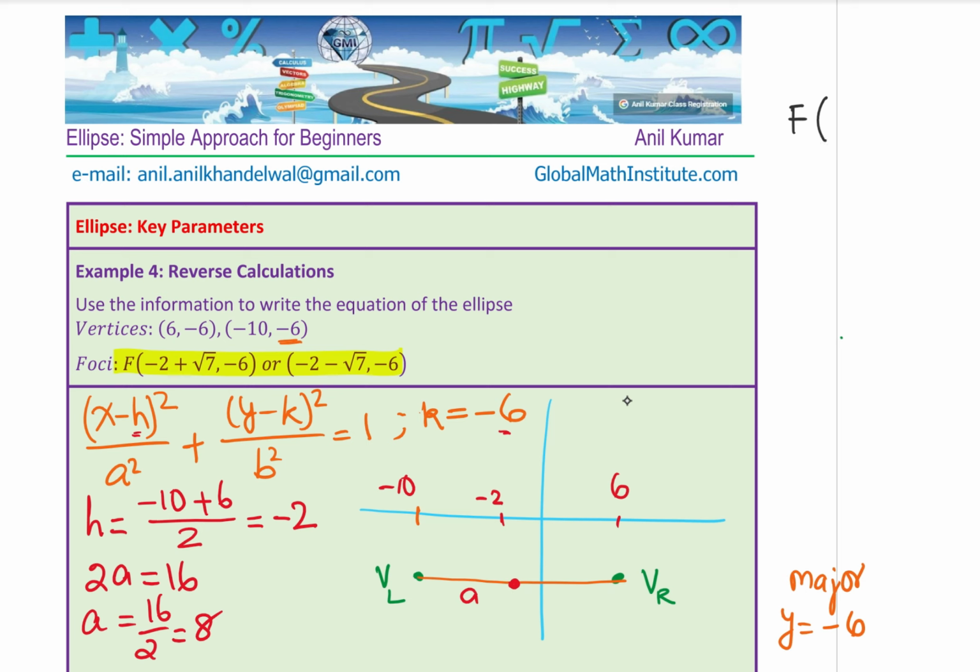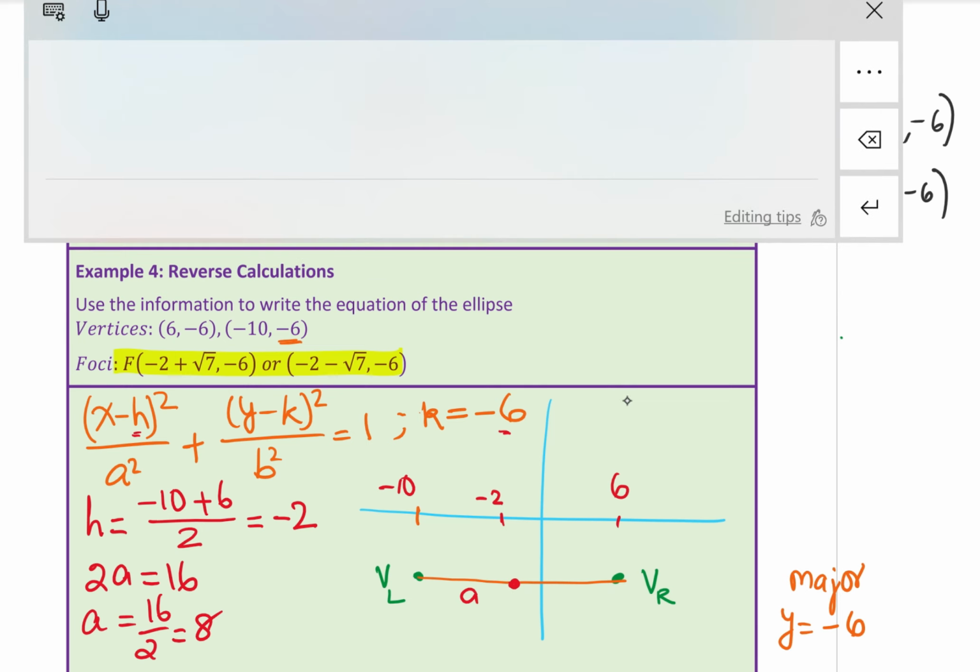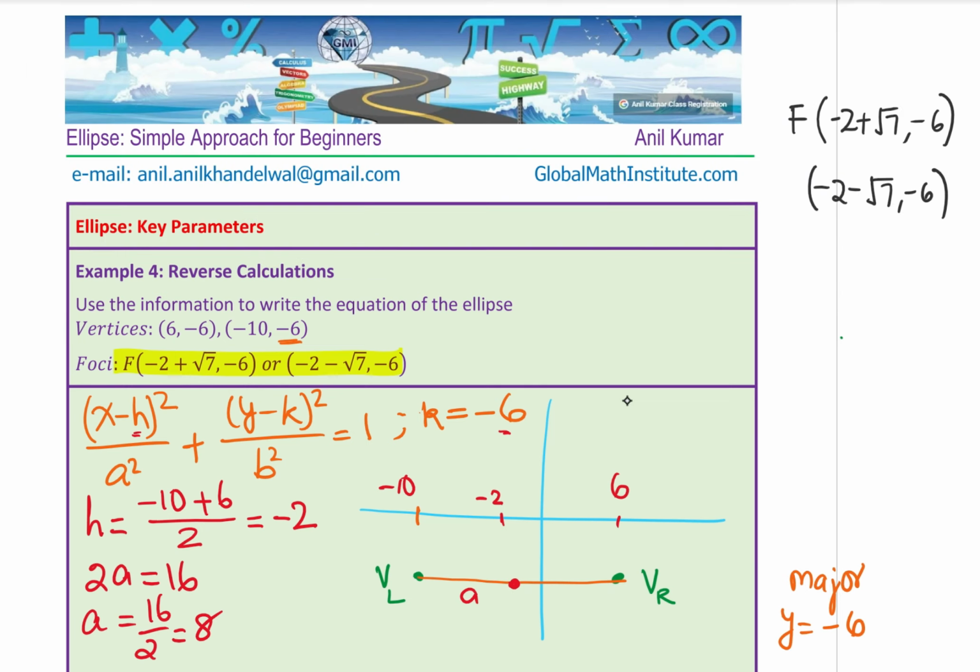One point is given to us as -2 plus square root 7, of course on the major axis, which is y equals -6, and the other point is given to us as -2 minus square root 7, correct? And the focal point y value being still at -6. So that clearly indicates that the c value is square root of 7.